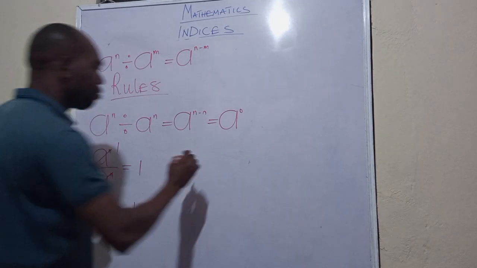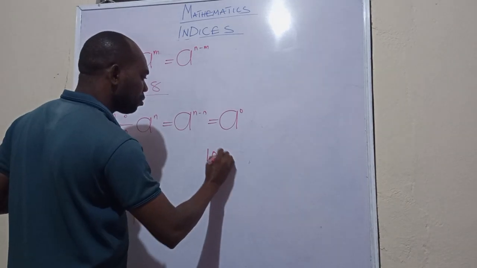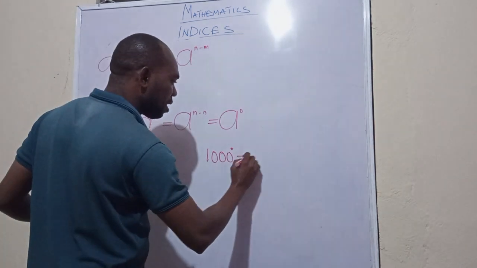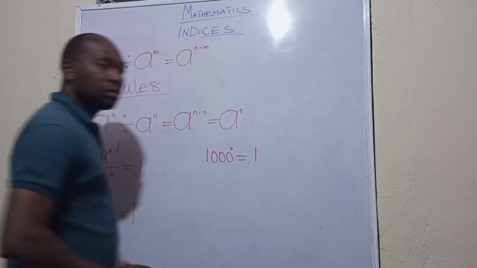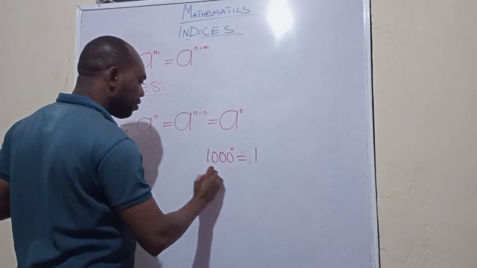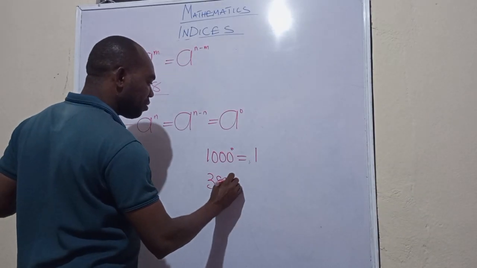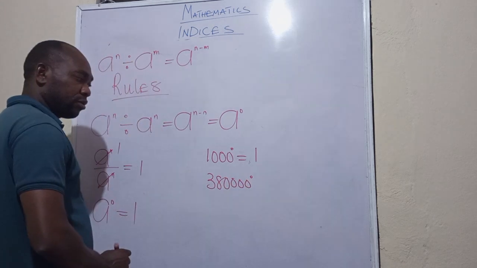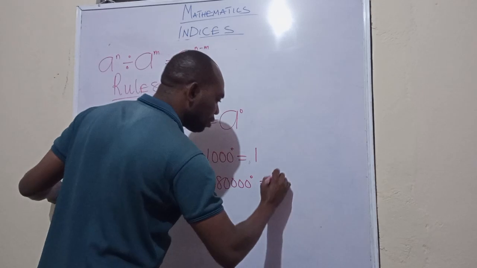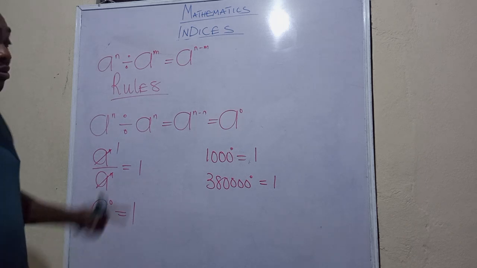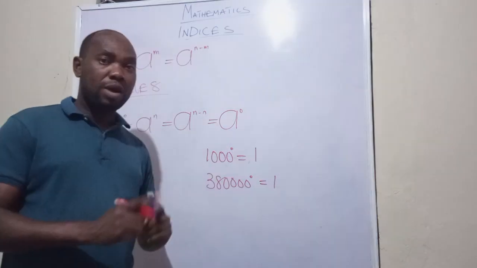If we have 1000 raised to the power of 0, the answer is what? 1. If we have 380,000 raised to the power of 0, the answer is equal to 1. So any number raised to the power of 0, the answer is 1.